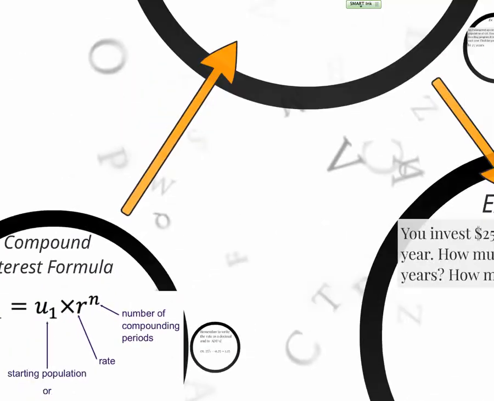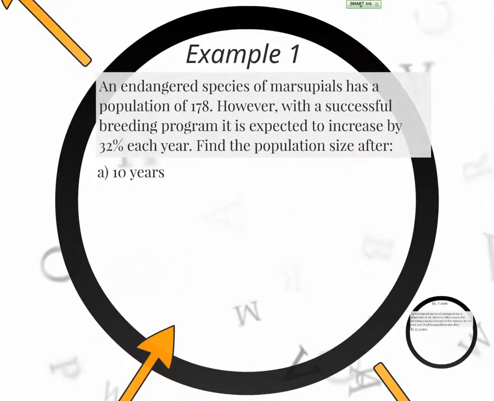So we're going to start with a population example. We're actually going to do a two-parter, so we're going to use this question for 2 examples. We've got an endangered species of marsupials, and they have a population of 178. There's only 178 of these marsupials left.